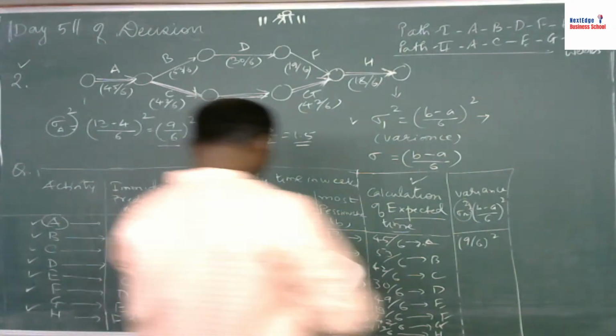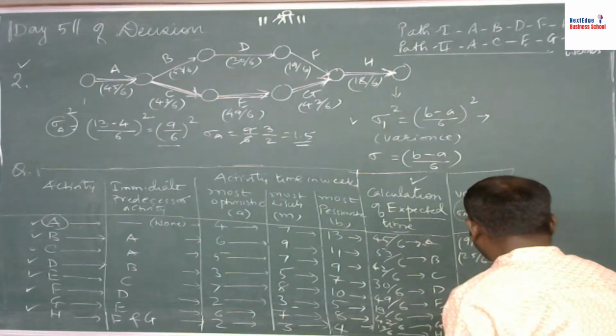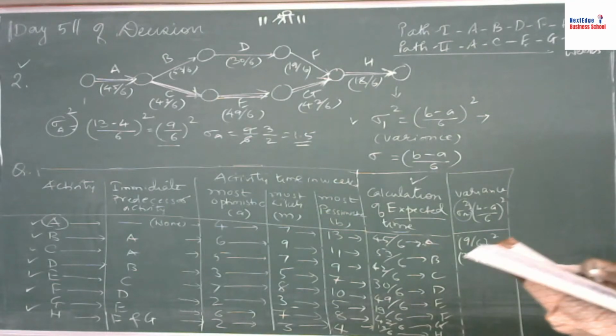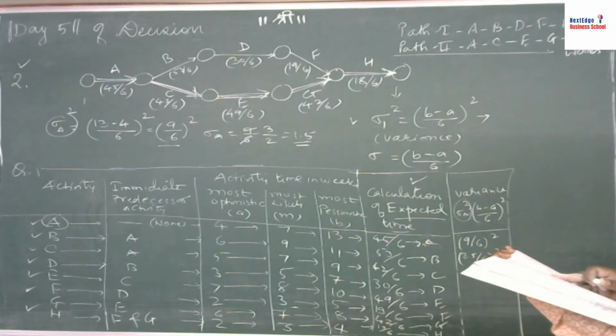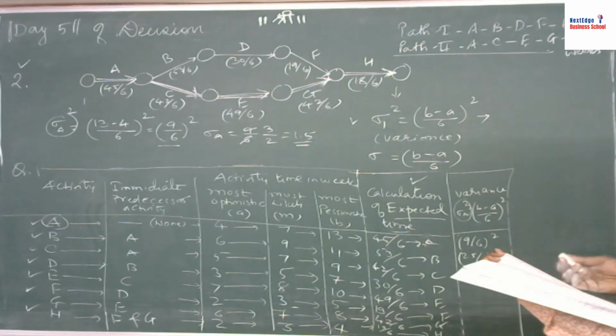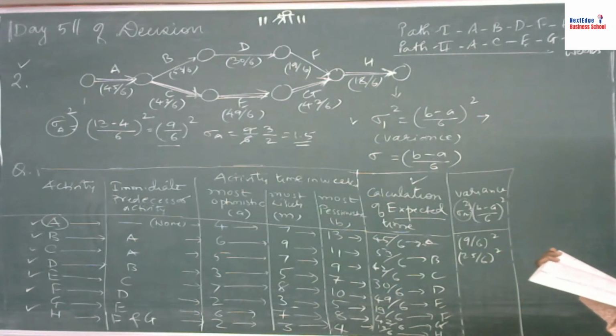Then for B, it's 25 by 6, whole squared. So 9 by 6. Keep it in square form. So 3 by 2 is the answer.